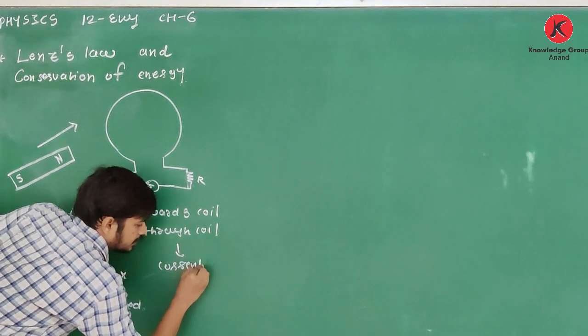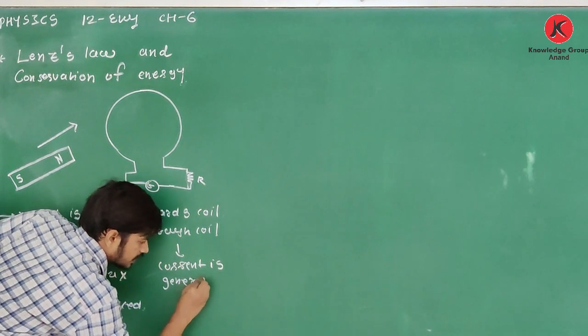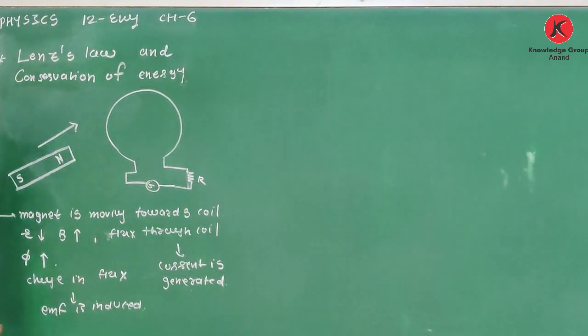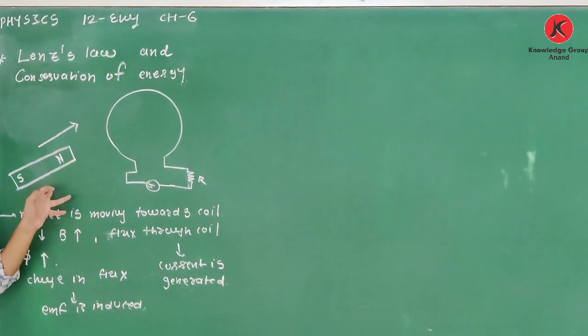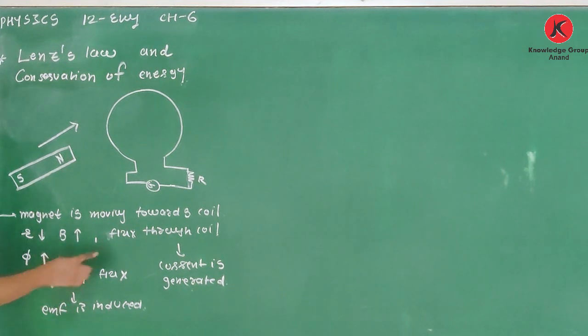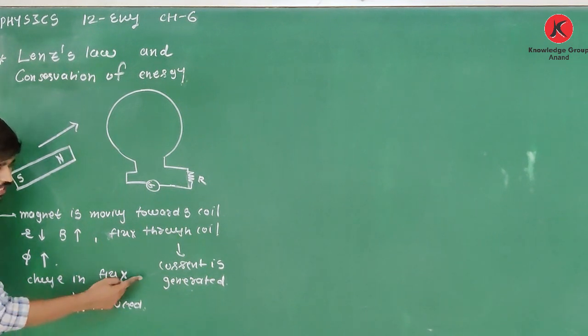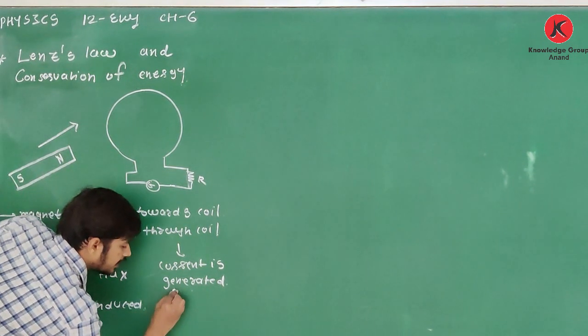This magnet is moving towards this coil, so distance decreases, the magnetic field increases, the flux through the coil, phi, increases. Due to the change in flux, EMF is induced and current is generated in the coil.